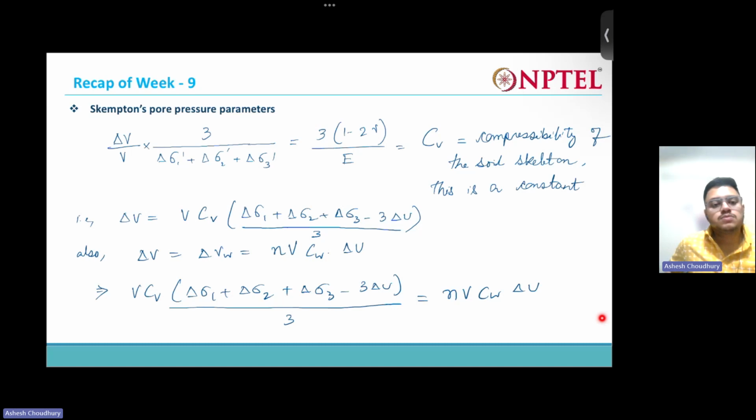Okay, so here you can see the change in volume by the stress that you are applying.